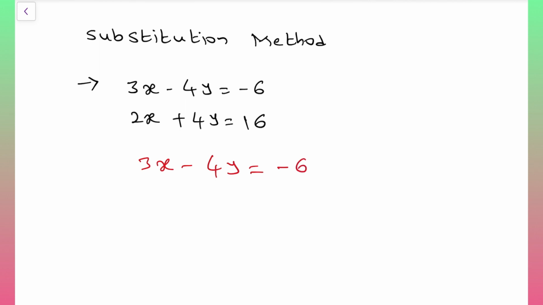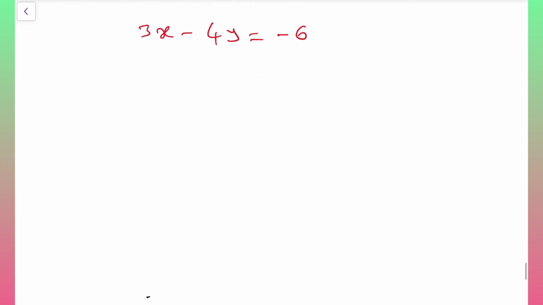From this, find out the x value or the y value. This is also your wish. So I'm willing to find out the x value from this. So I will take this minus 4y to the right side. 3x is equal to minus 6. Minus 4y if we take to the right side, then it will become plus 4y.